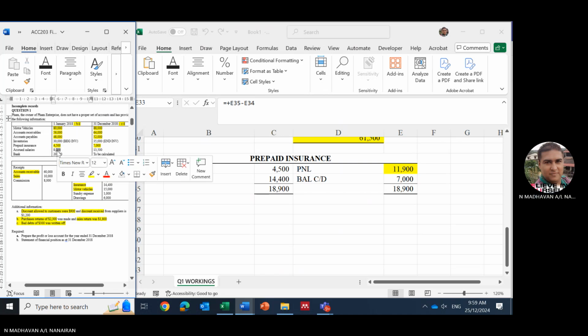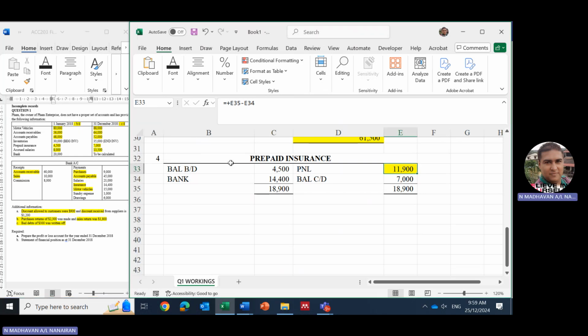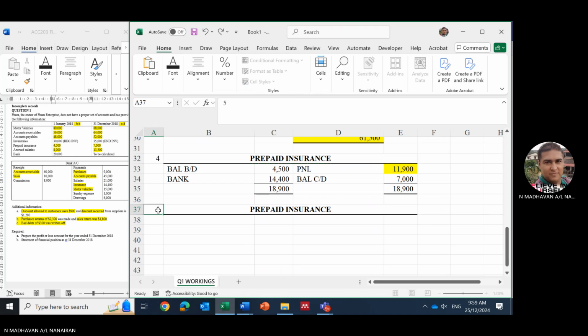You have accrued salaries, correct or not? Yes, people? So let's do this. Number 5. Accrued salaries. How much brought down? 8,000. Carry down 13,500.